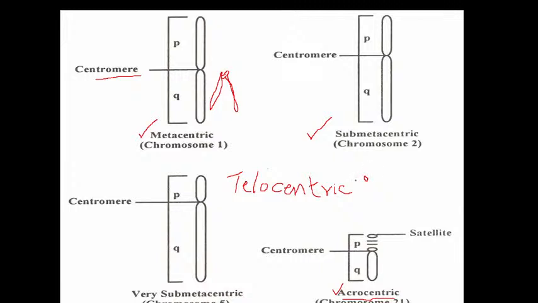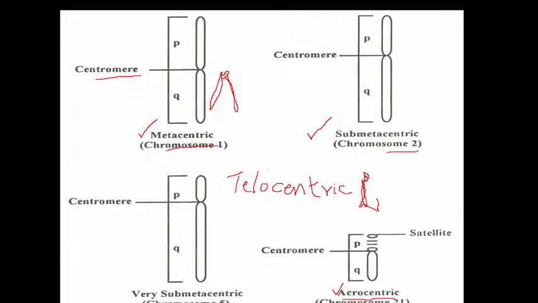Telocentric chromosomes are actually very rare in existence. The centromere will be at the tip of the chromosome. In human beings there are different types of chromosomes. Here I've written chromosome number 1, chromosome number 2.